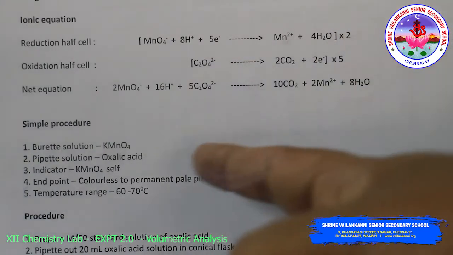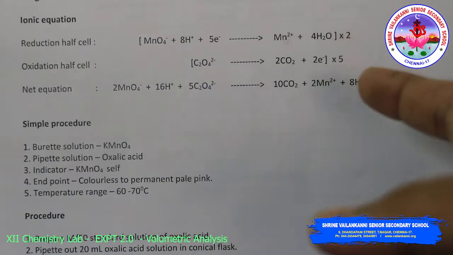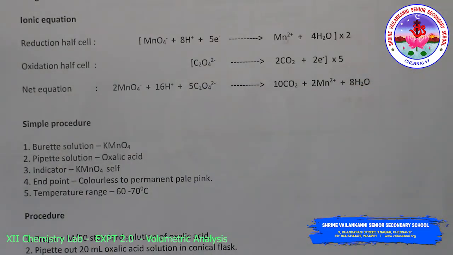After multiplying, you will get the net equation: 2 MnO4 minus plus 16H plus plus 5 C2O4 2 minus gives 10 CO2, that is carbon dioxide, and 2 Mn2 plus and 8 molecules of water. So this is the net equation.